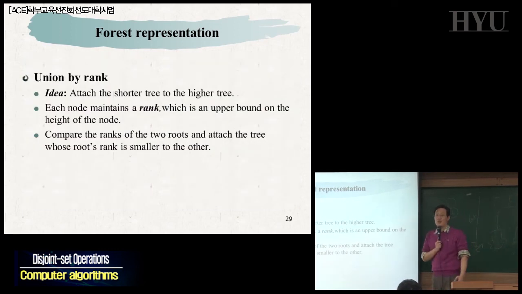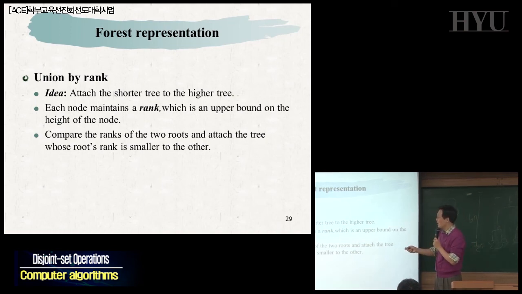But we can use the same idea when we perform union. The main idea is attach the shorter tree to the higher tree. So the similar idea. But actually, this is approximately true, but not exactly. Sometimes we attach higher tree to shorter trees.